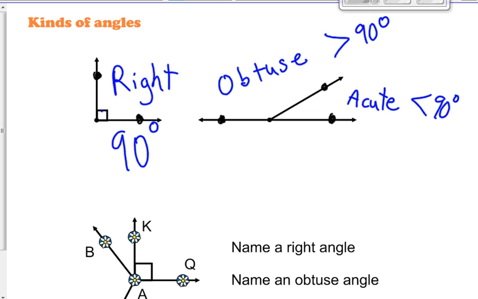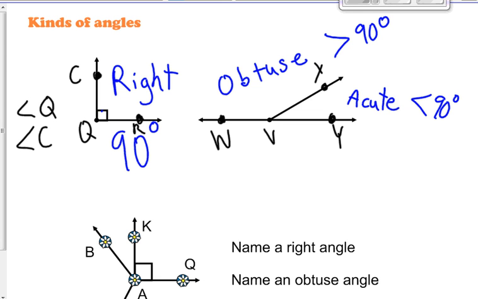All right, and I could say C, Q, and R on this one, and I'm going to call this W, V, X, and Y. So when it comes to naming this right angle, because it's a standalone angle, we could say it's angle Q. But because there are 3 points, it's probably better to name it with 3 points. So it could be CQR, or the opposite of RQC. All right. How about our obtuse angle?